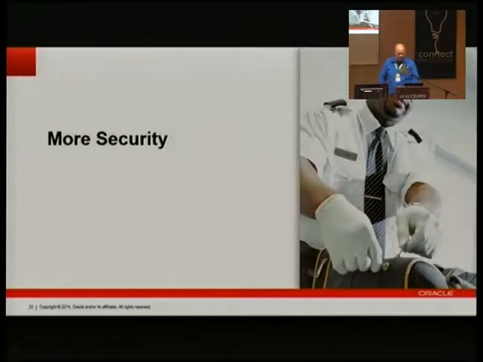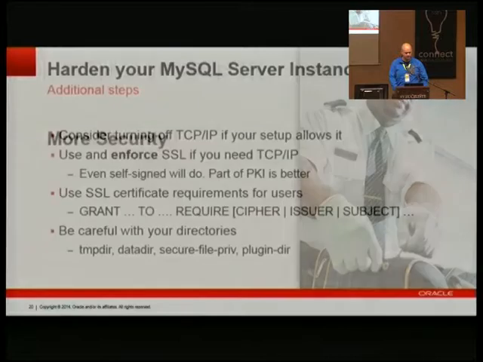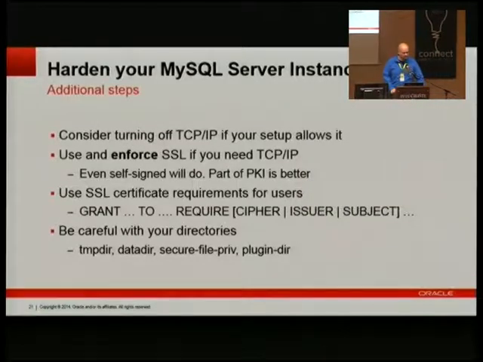Okay, so let's see what more can we do outside of common sense. The advice that I have for you is consider turning off TCP/IP if your setup allows it.